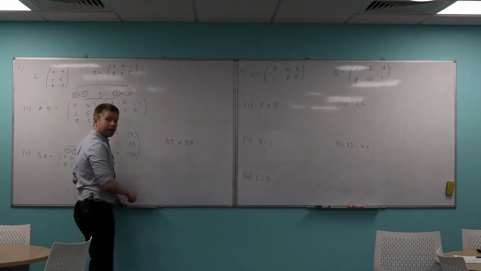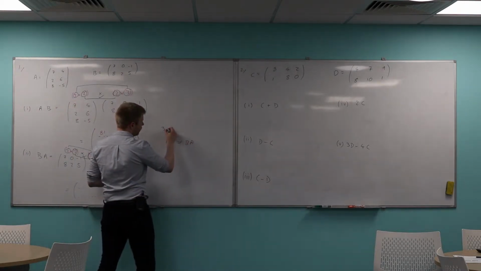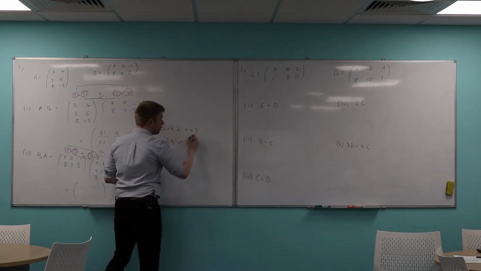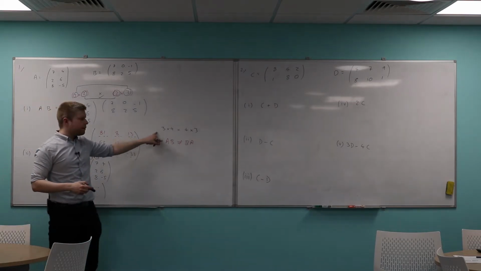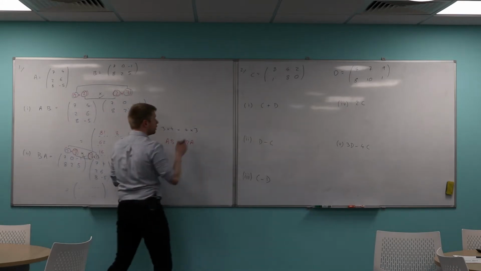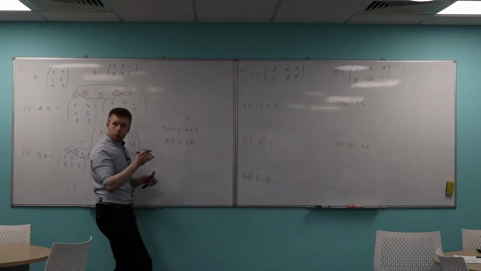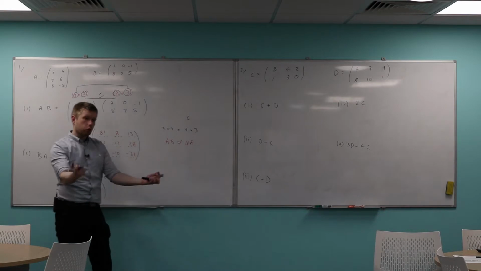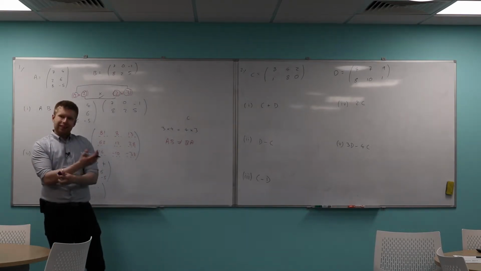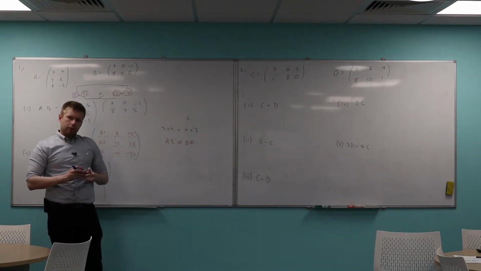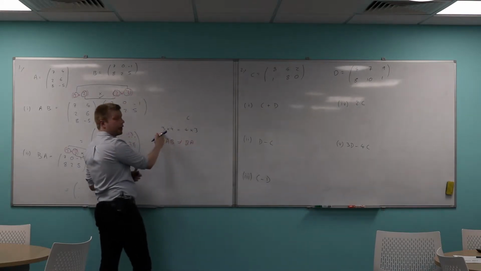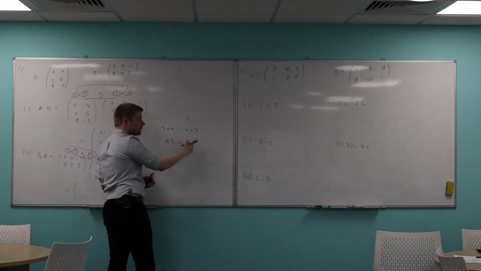Because if I wrote something like this down, let's take 3 times 4, would you be happy that this would be the same as doing 4 times 3? Does anybody know the name for this when we can switch the order around of an operation? Begins with a C. So 3 times 4 is the same as 4 times 3.